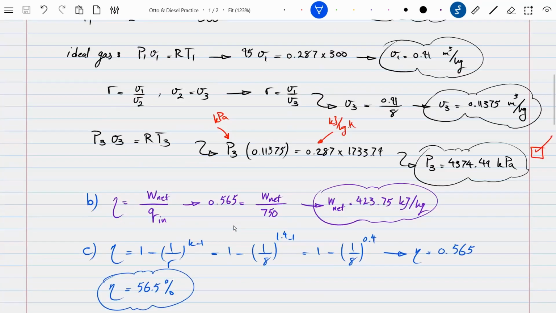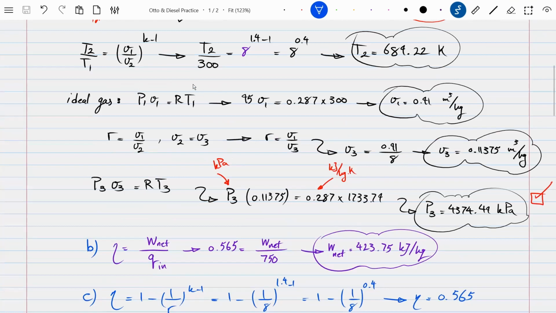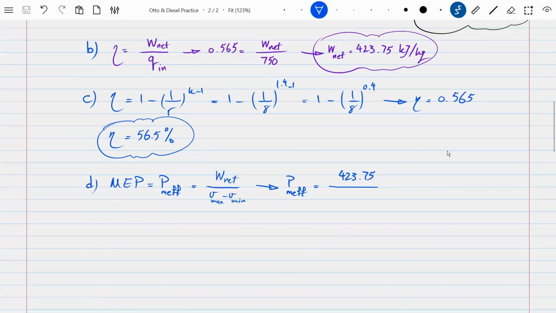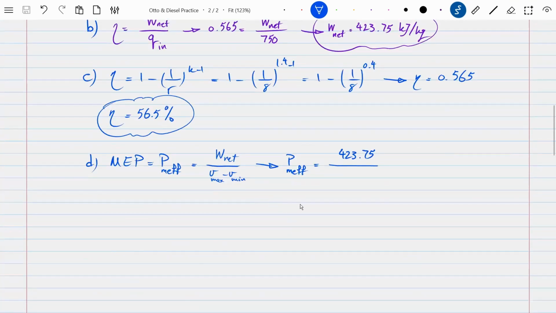And a few minutes ago, I told you that I'm taking this longer route to answer part A because I needed some of the numbers. That's what I meant when I said that. I need V1 and V2, which is equal to V3. And now I can plug them here.